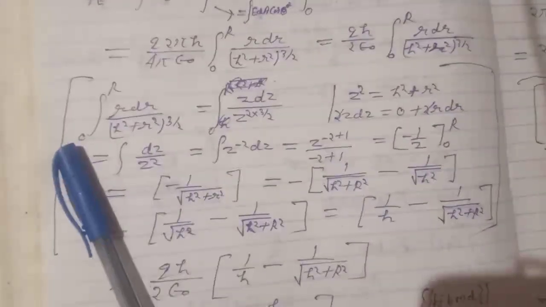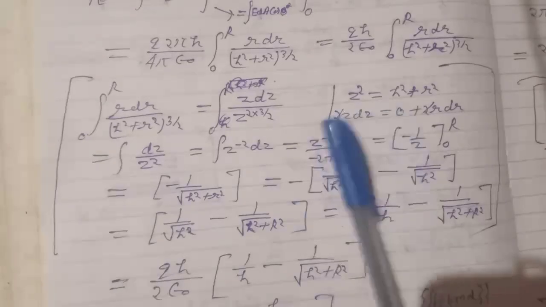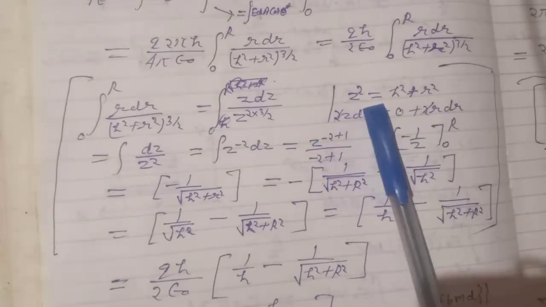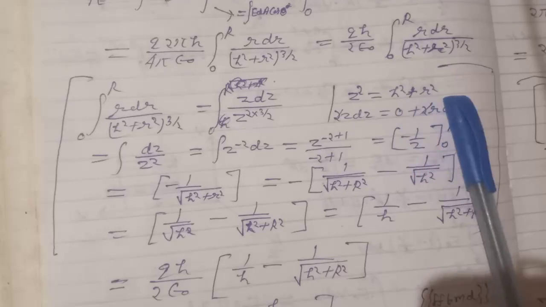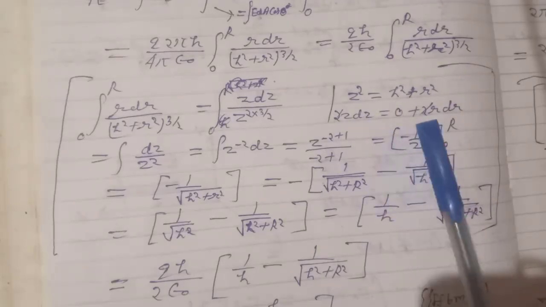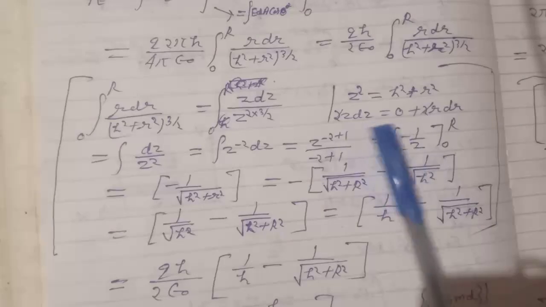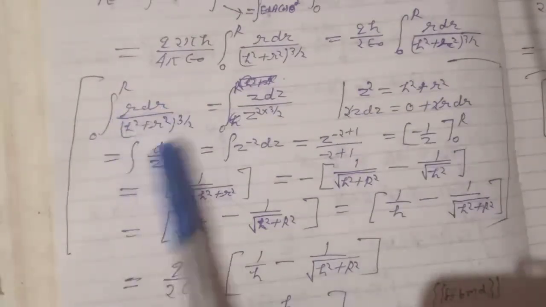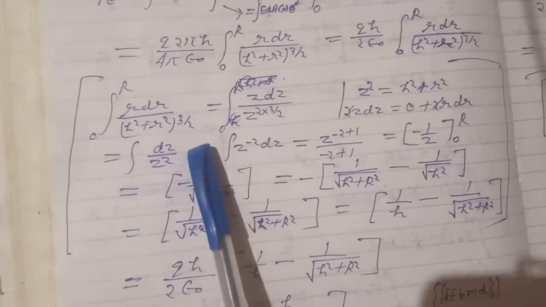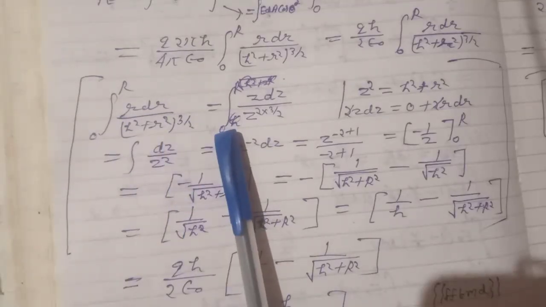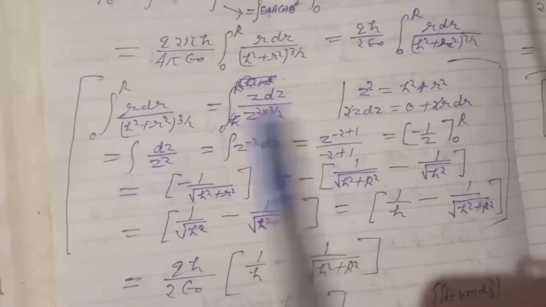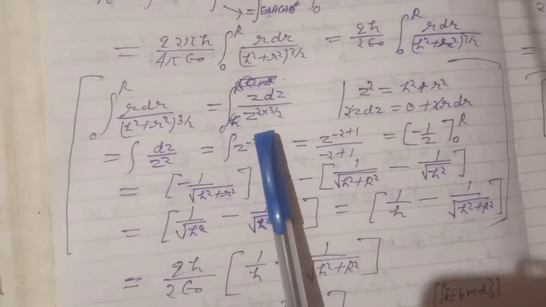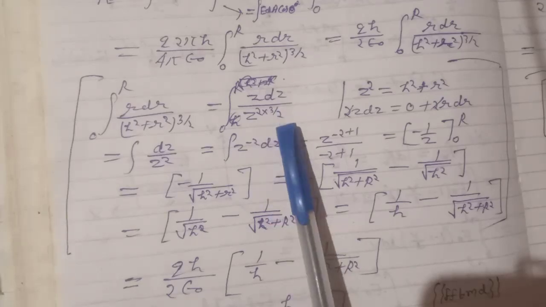Now the integration can be calculated like this. We have to use substitution, where we have taken z square equal to h square plus r square. So 2z dz will be 0 plus 2 r dr. Now z dz equals r dr. So 0 to r dr by h square plus r square to the power 3 by 2 becomes z dz by z square to the 3 by 2 power.